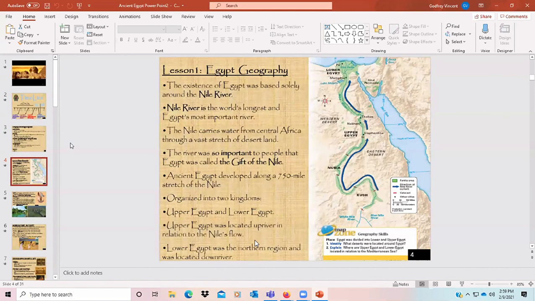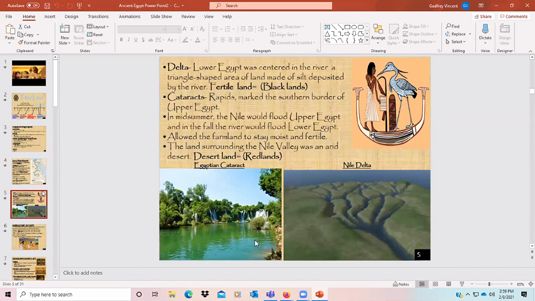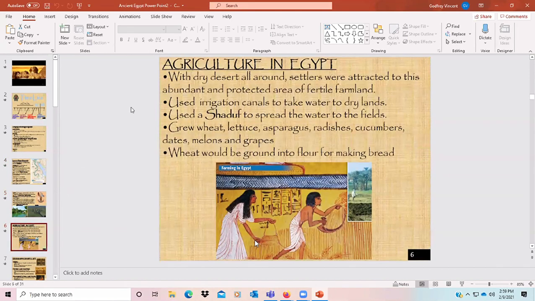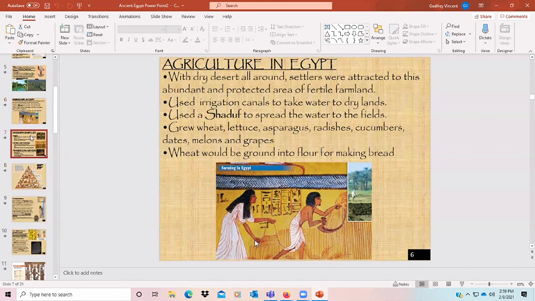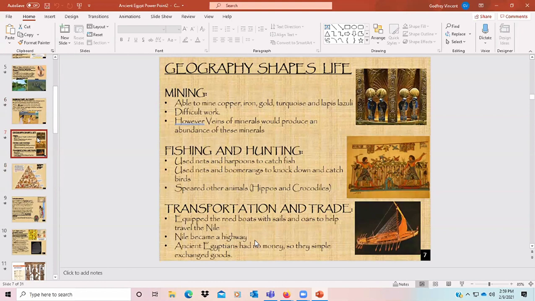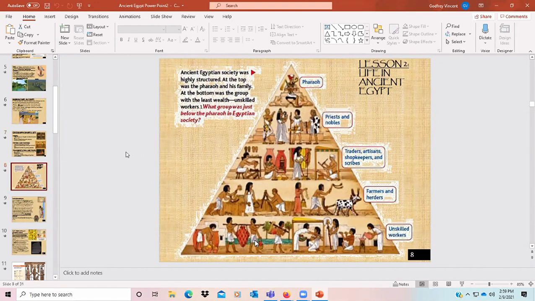Location, the rivers, some geography and rivers, agriculture, this is social structure or social class.